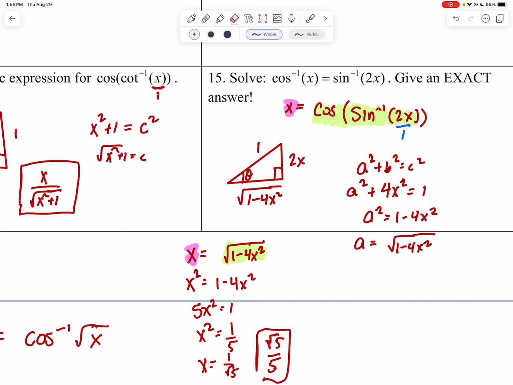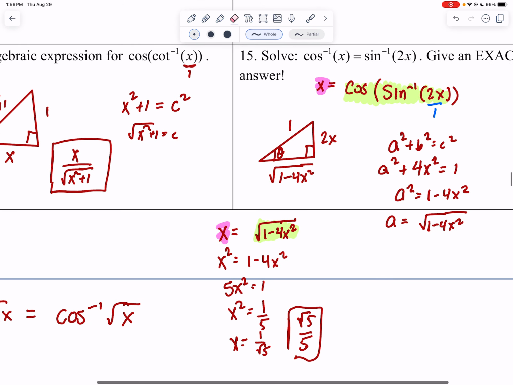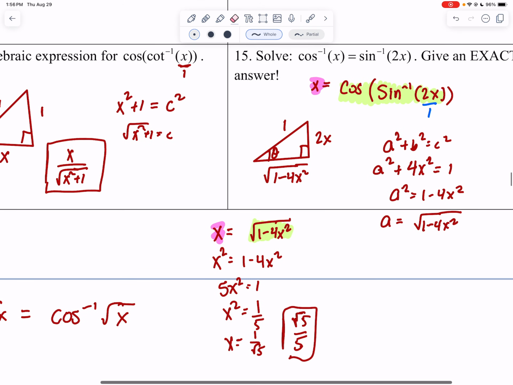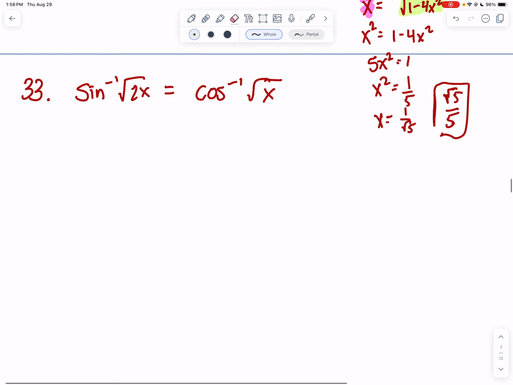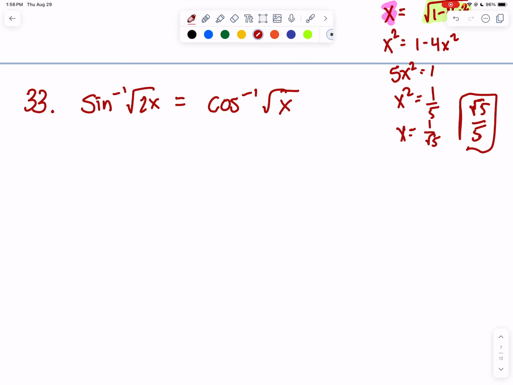Now, same thing with number 33 in your textbook here. Except instead of a 2x and an x, we actually have root 2x and root x. But it's going to be the same thing. So I'm going to go ahead and cosine both sides.